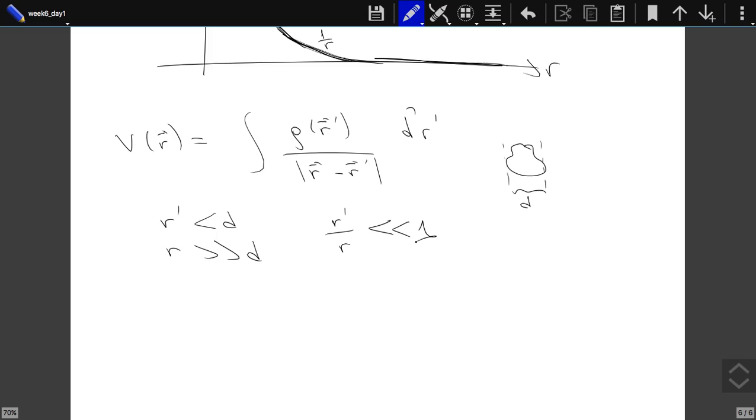So yes, here we have an integral. We have to calculate that one. But this r prime and this r vector are such that r prime over r, the length, is typically much, much less than 1. Well, if it is much, much less than 1, we can make a Taylor expansion.